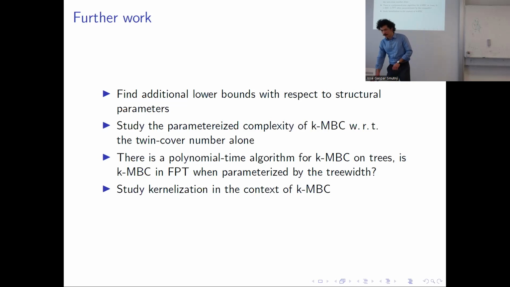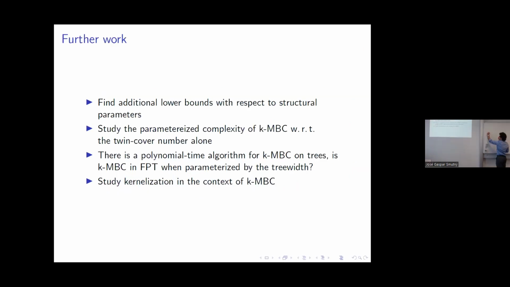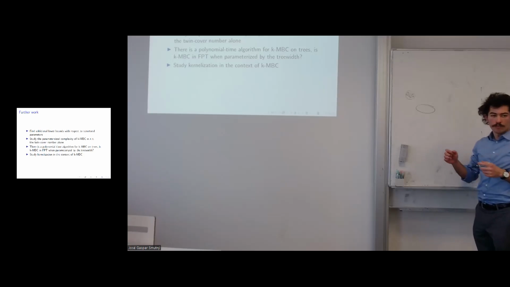Okay, maybe I'll touch quickly on the twin cover number. What the twin cover number tells us is that if we have a twin cover, and when we remove it from the graph, we are left with these joint cliques, such that every vertex has the same neighborhood before we remove the modulator.